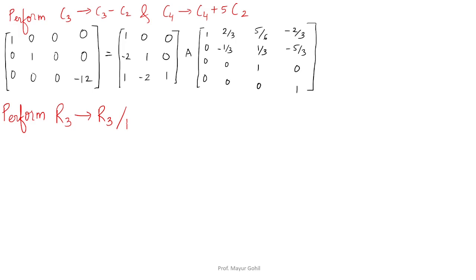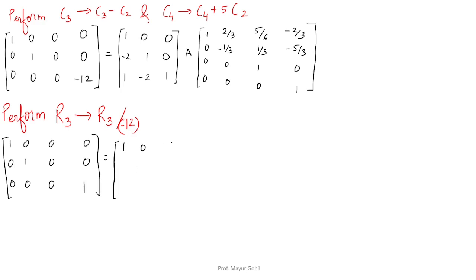Okay, so we will do the division by minus of 12 and we will get 1 0 0 0, 0 1 0 0, 0 0 0 1, and here we get 1 0 0, minus 2 1 0, and here it will be minus 1 by 12.